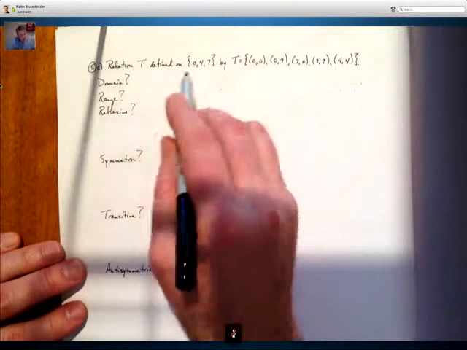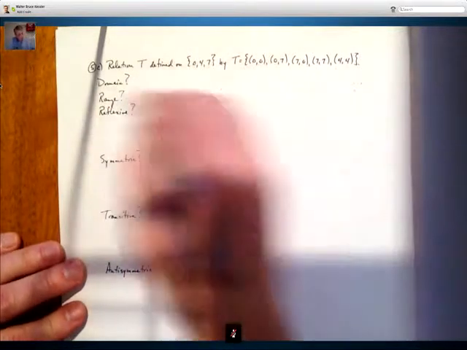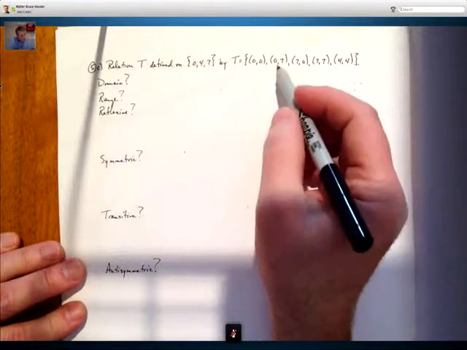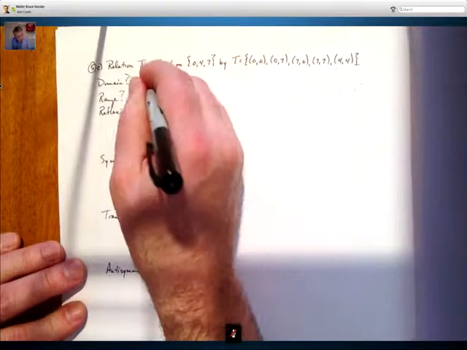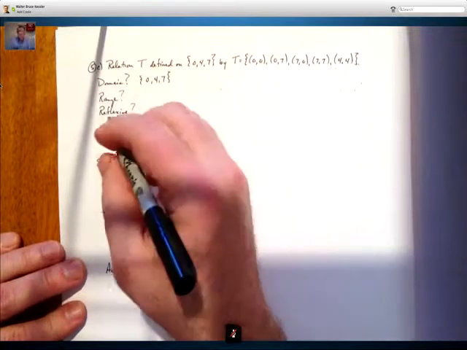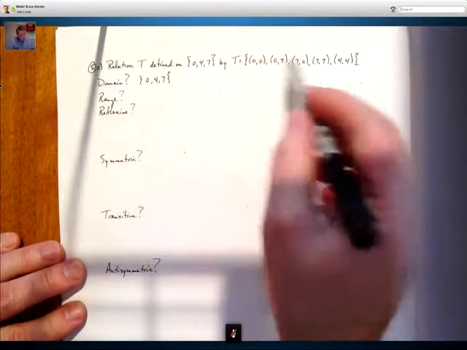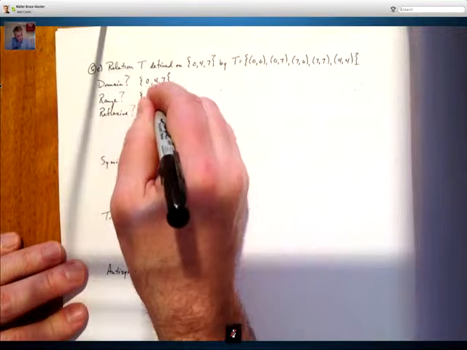5C says, okay, we've got a relation T defined on {0, 4, 7} with these ordered pairs. The domain, we've got 0, we've got 7, we've got 4, so the domain is the entire set, {0, 4, 7}. The range, we've got 0, 7, 4, so that's the whole set.